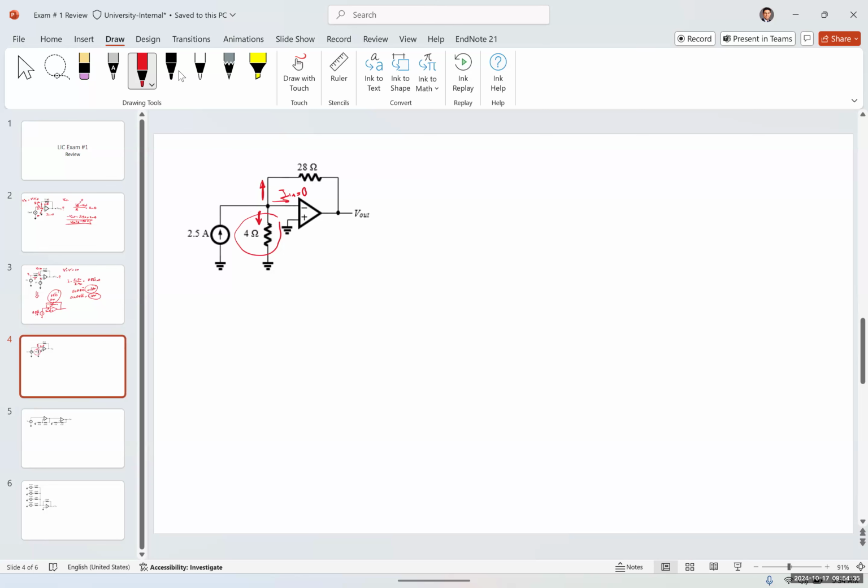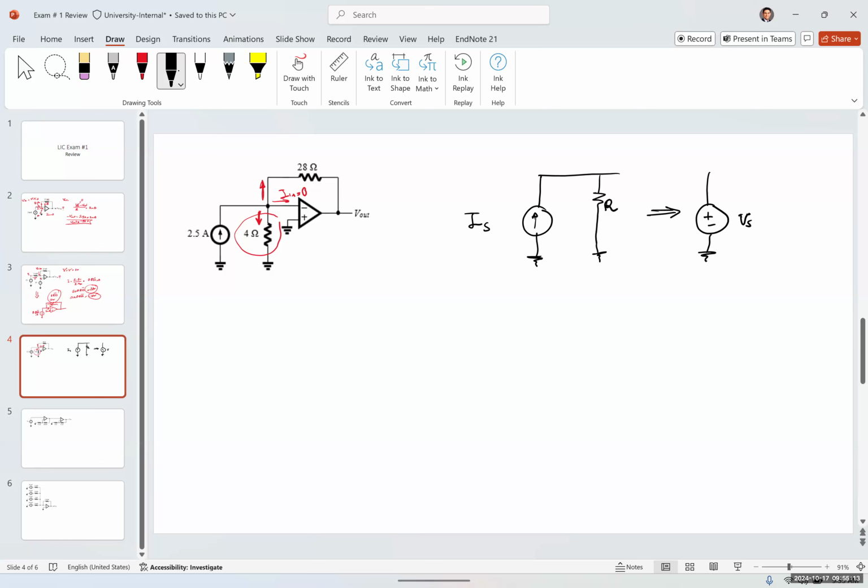Another easier way to solve this is to utilize the source transform, which I've explained in another class, I think it was the second week or so. If you have a current source connected in shunt, or parallel, with a resistor, you can transform that to a voltage source connected to the same resistor but in series.